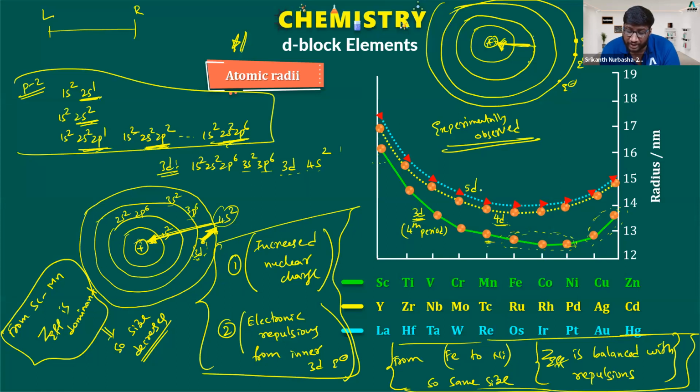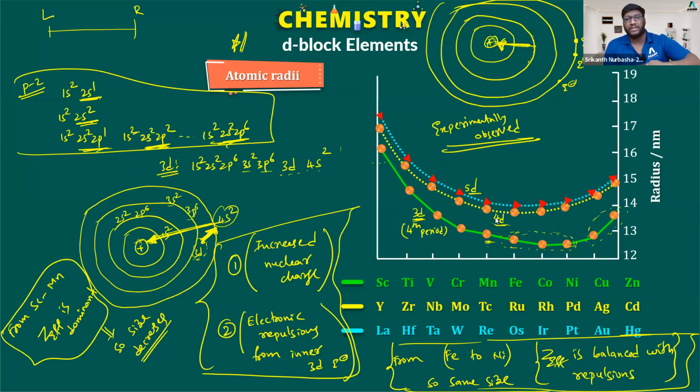Now say among 4D and 5D, which is greater? 5D, very good. But look at the difference, students. 3D is somewhere here, that is fourth period. Then you have 4D, fifth period.